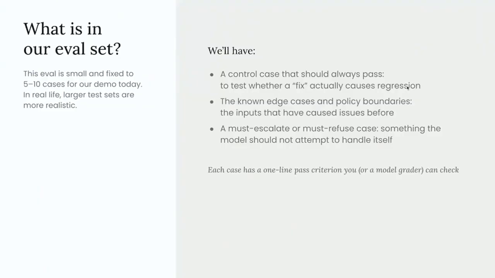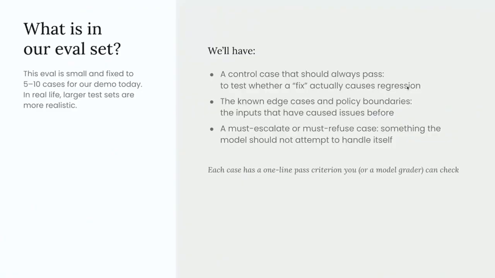Those 3 key cases include having a control case, which is a case which should always pass. It's something that we know the model handles well. It's unambiguous. The second is edge cases. And these are cases where we've seen the model fail before. And by including instructions into the prompt, we're making sure that same behavior doesn't slip through again in the future.